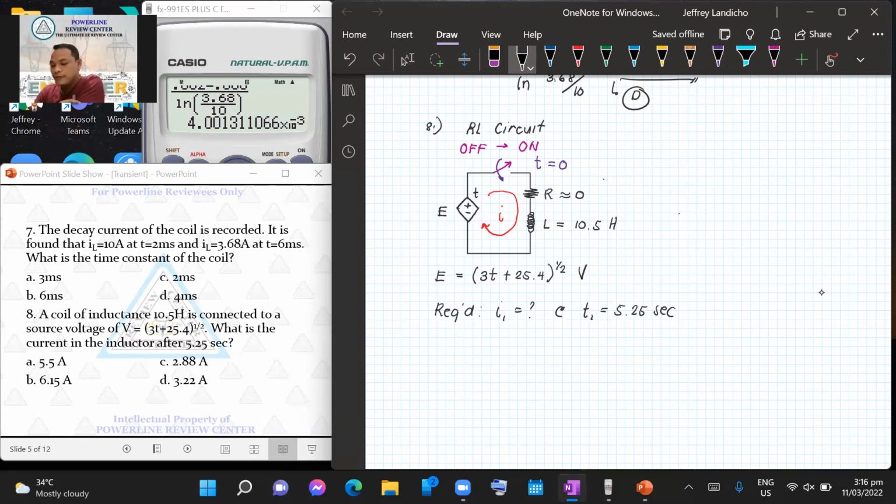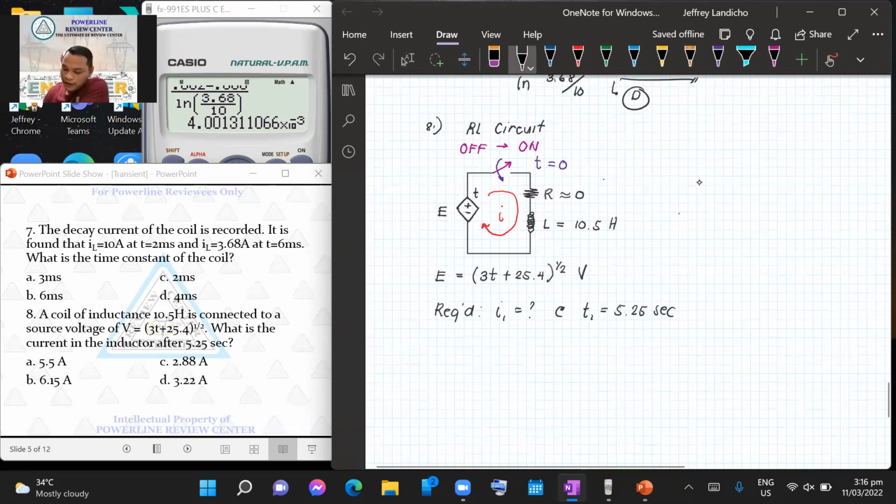So therefore, if the resistance of the coil is negligible with respect to the inductance, pwede nating sabihin that at any given time, since R is negligible, the voltage drop across the inductance represents the source voltage ng ating circuit. Tama ba?